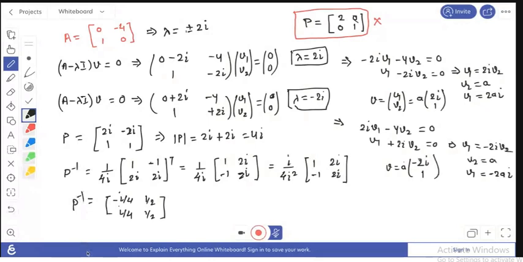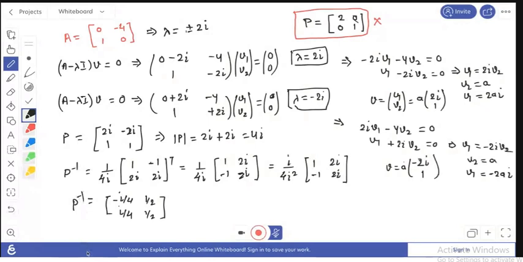Okay, so we have to find the exponential of B. This equals the exponential matrix, e to the power 2ix, and here this is 0, this is 0, e to the power minus 2ix. So this is the B exponential.